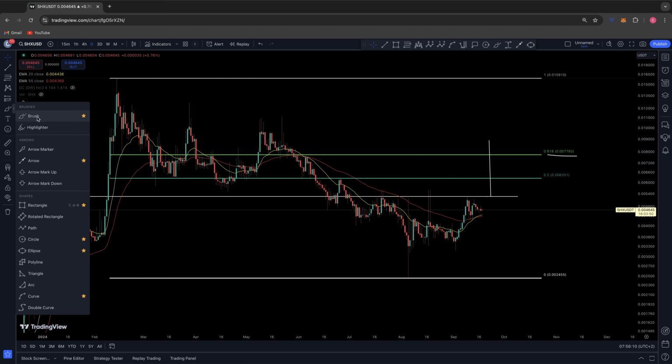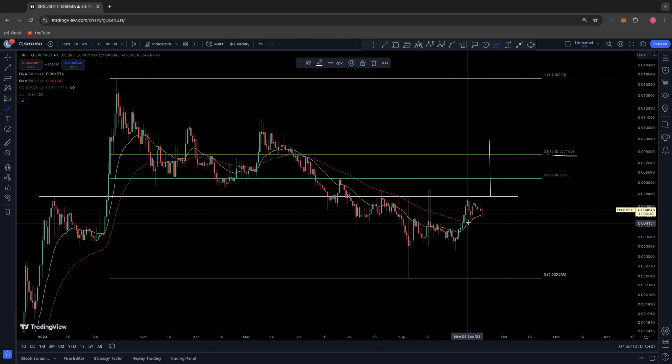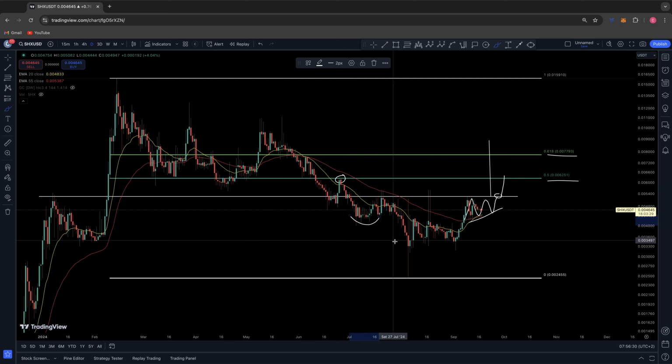So if we can hold these EMAs here and slowly creep up an ascending level of support underneath this resistance, I think potentially we could get the breakout of 0.005, and at a minimum push up to these local highs here at 0.0062. And if we are in this potential inverse head and shoulders where we're just forming this right shoulder now, then it does give us the target back up to the 0.88.